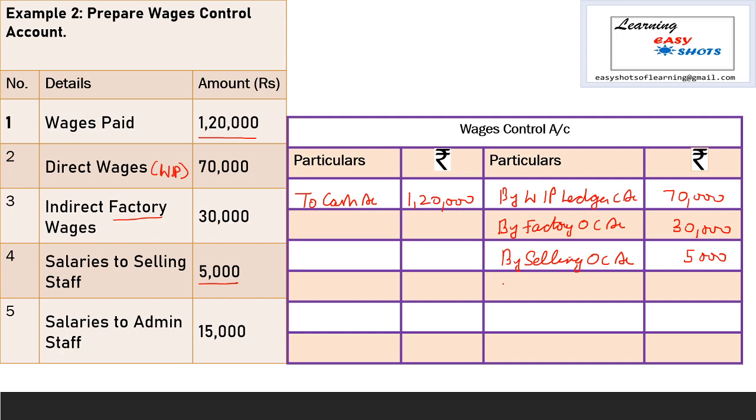And when we pay salary to admin staff, we charge admin overhead control account, the amount is 15,000. Now the total amount of salary paid to workers and employees is 20,000, and we charge the whole wages to different departments, and it is also 1,20,000.